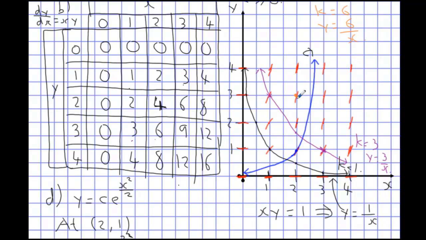And (3, 2), we know it's going to pass through here. And you just have to stretch it really. If you think about that compared to the 3 one, it's just going to be doubled. So I reckon it's just going to come something like this and then steepen up like that. So that is for k equals 6, y equals 6 over x.